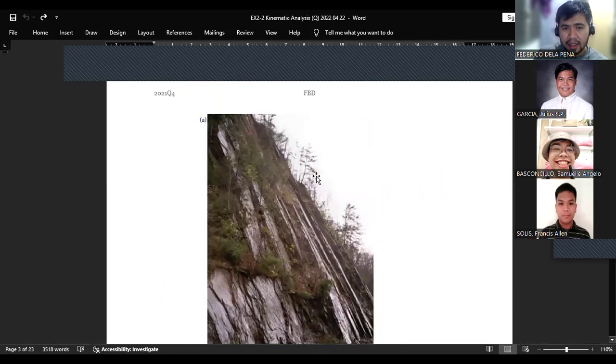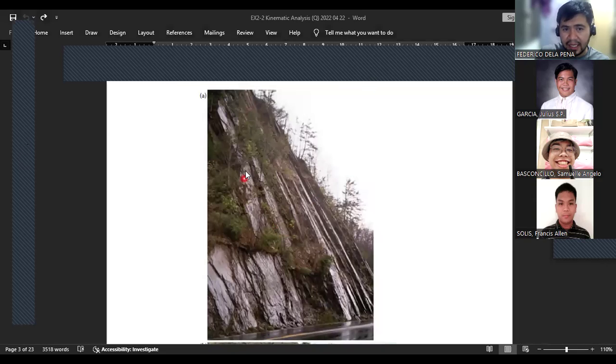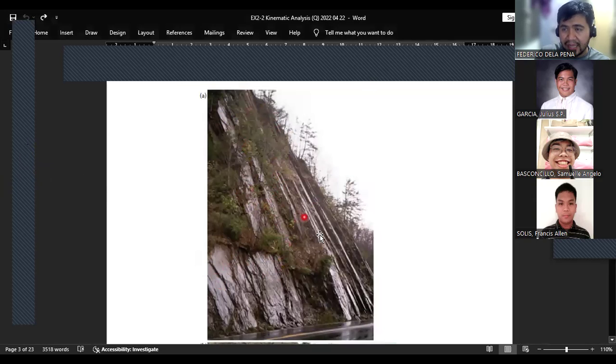Okay. All right, this photo, I think you can readily see that you have a relatively tall rock slope and you have a very prominent plane, an exposed plane.